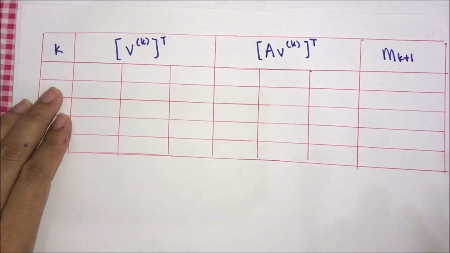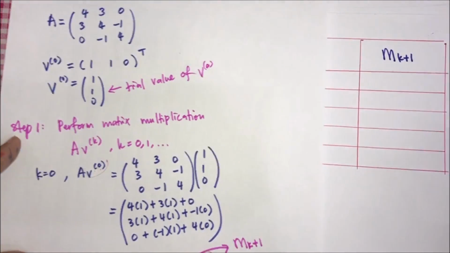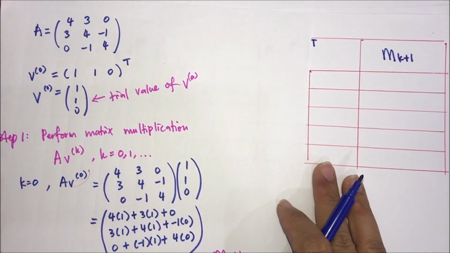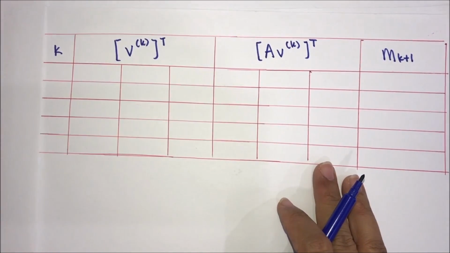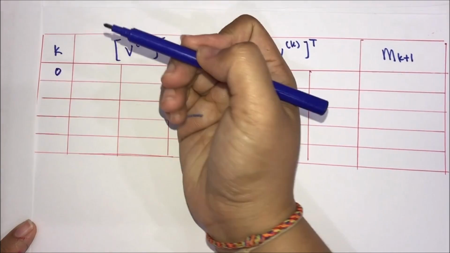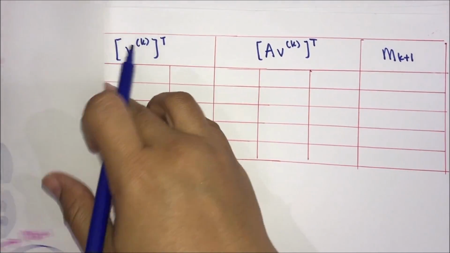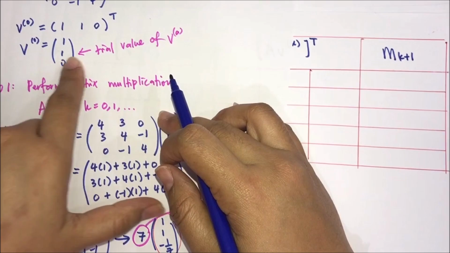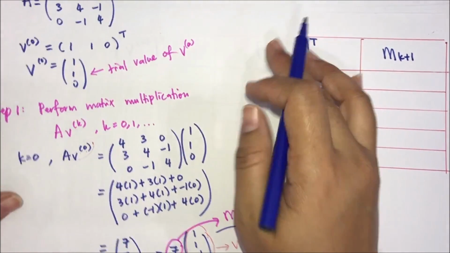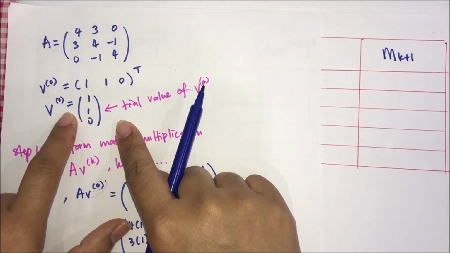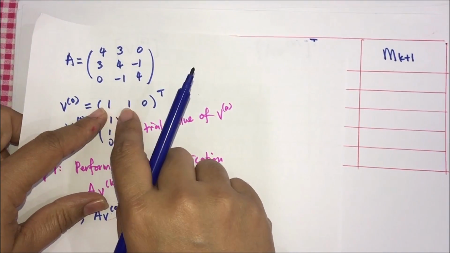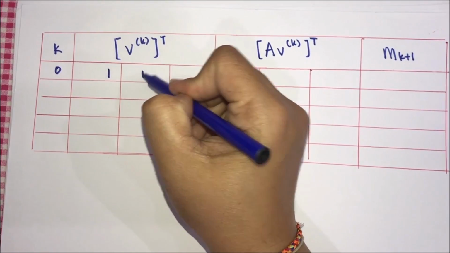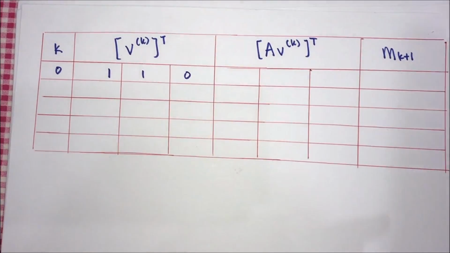Going back to just now, we already solved this one. For level k equal to 0, we have the first initial trial value V0 of the eigenvector, that means (1, 1, 0).